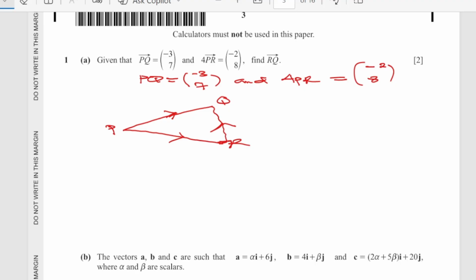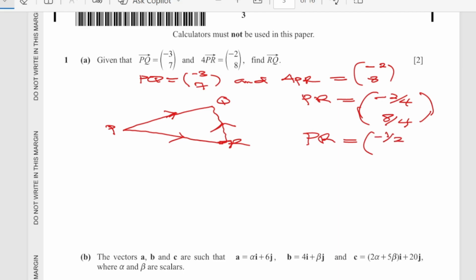So to solve it, here is a scalar multiplication of PR by 4. I can easily find my PR here by -2 divided by 4, then 8 divided by 4. So PR will be equal to -1/2 and 2.